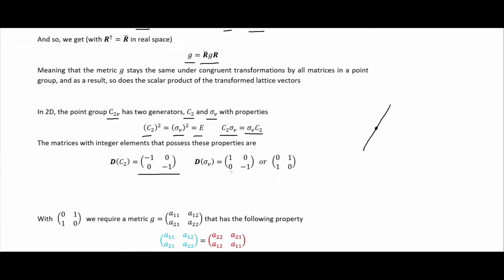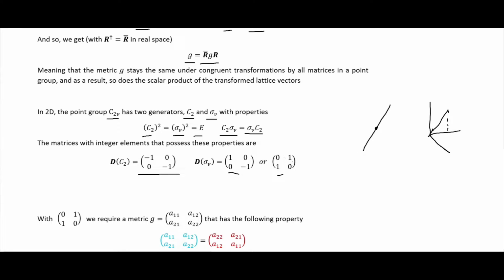And then the reflection, we have this and this. Well, it can be this or this. And so this first one here would be something like if we have a vector like this and we have the coordinates like that, then we reflect it, and its component here would become negative, and we would end up with that.